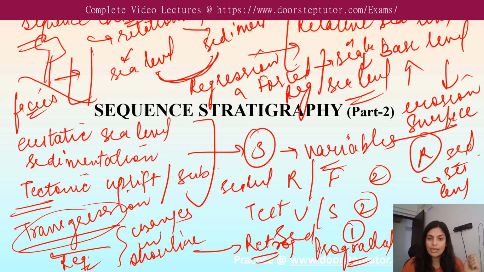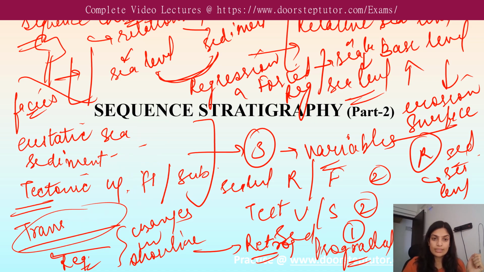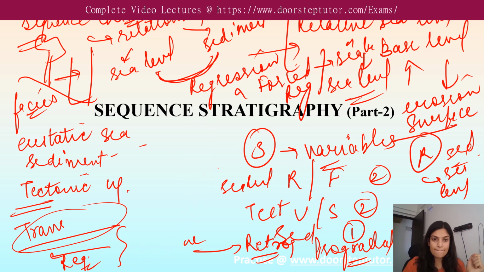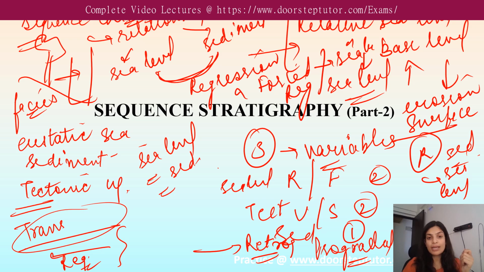Okay, then we also saw that if sea level is in equilibrium with the sediment supply, then what will happen? No facies shift will take place. It will be stagnant, constant.